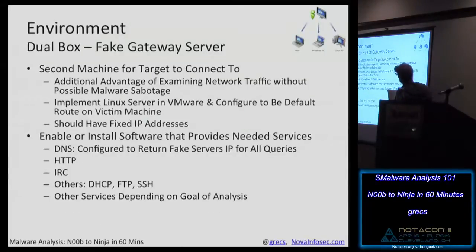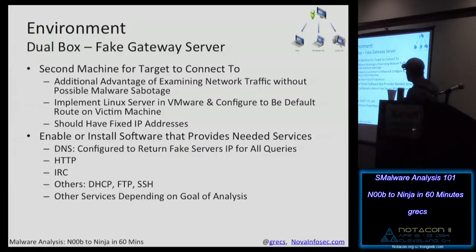So the dual box. In some cases, you may want a little bit more data externally that is less likely to have been sabotaged. So this is where you have this kind of fake gateway server.